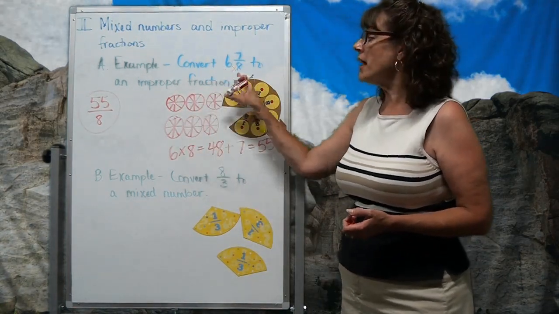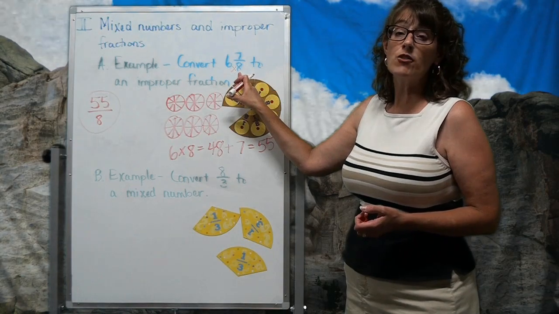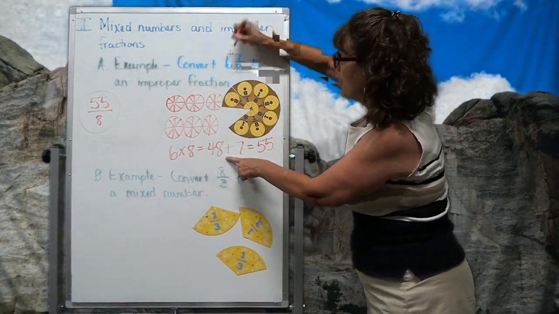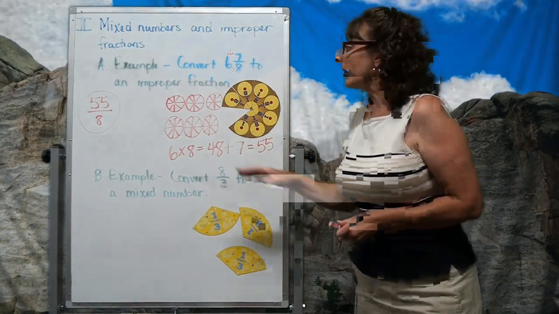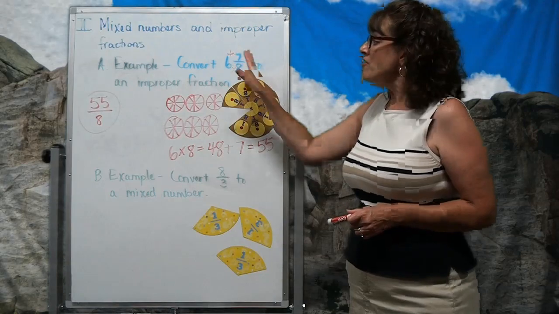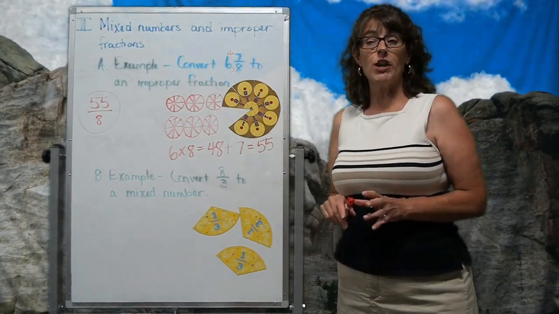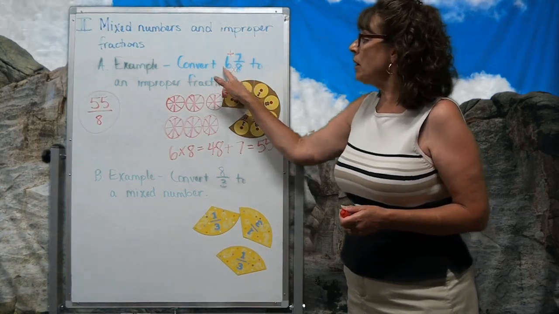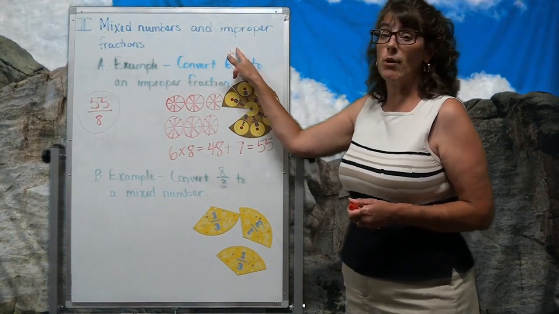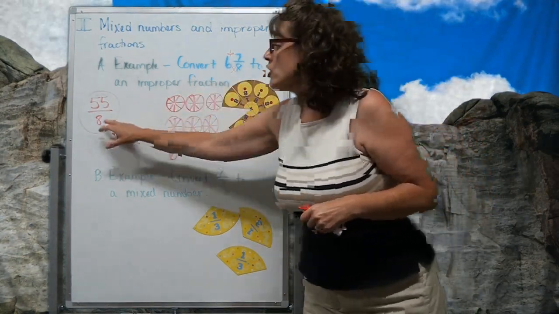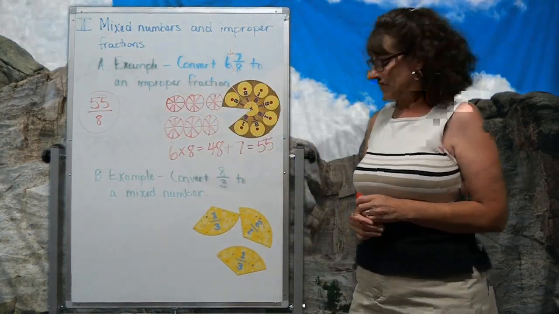So you'll multiply these two, but then notice after that multiplication, we added in that numerator to get the total number of these sections that we've got. That is the process for converting a mixed number into an improper fraction. You multiply here, and then you add that numerator. And again, the superhero of fractions is that denominator, so you keep that denominator.